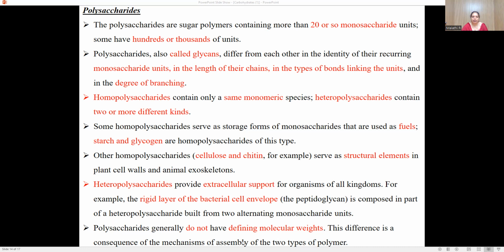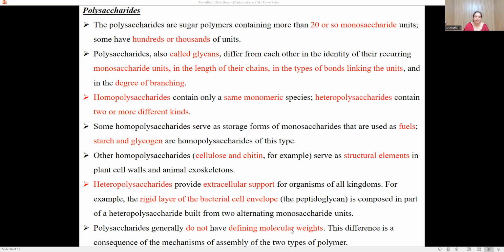And for this polysaccharide, you can do a simple test. If you take the polysaccharide and add 1 drop of iodine, you will get blue color. So the presence of polysaccharide is identified with the help of iodine. So if you get blue color, it is the presence of polysaccharide.